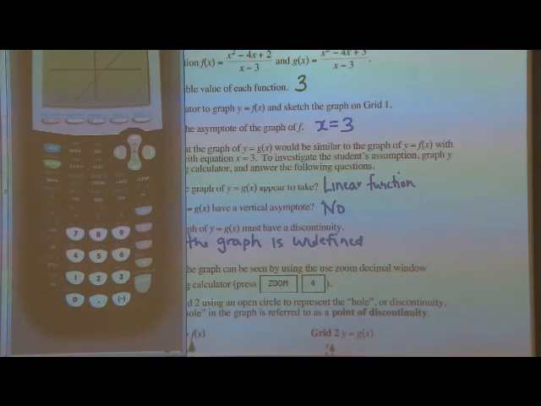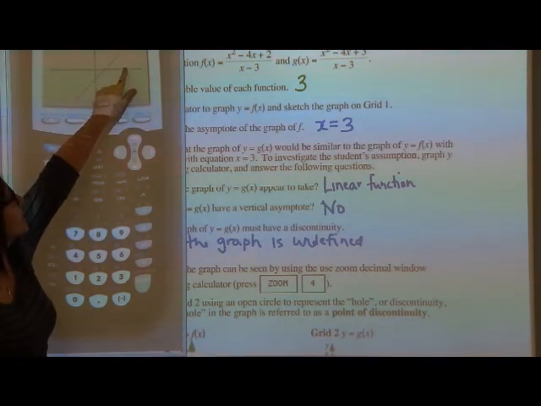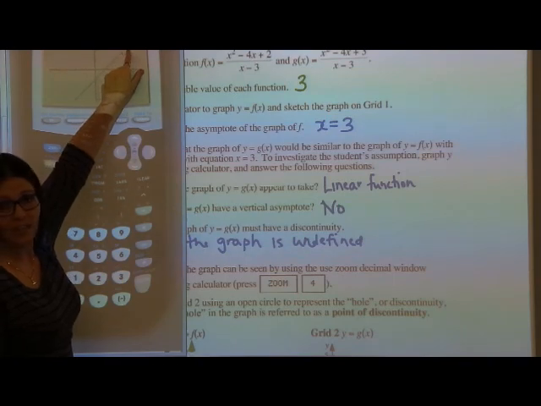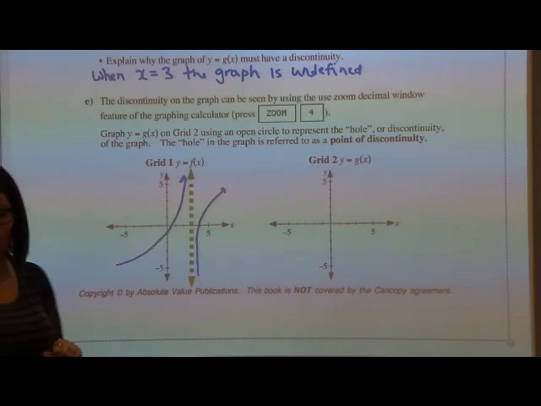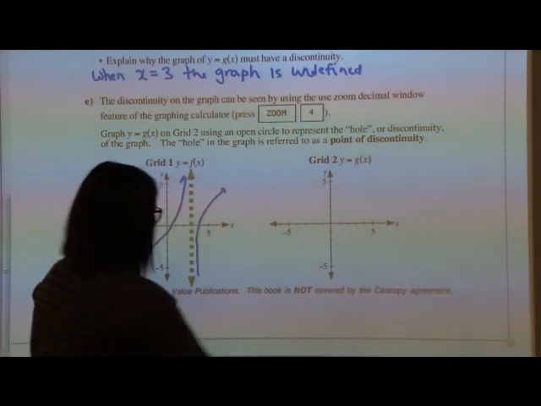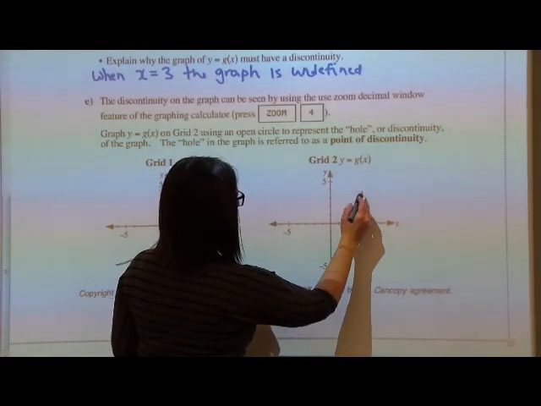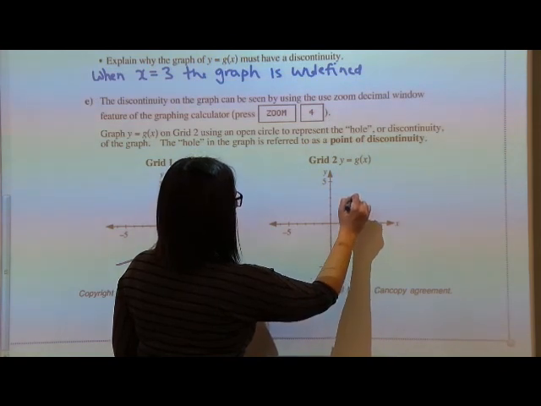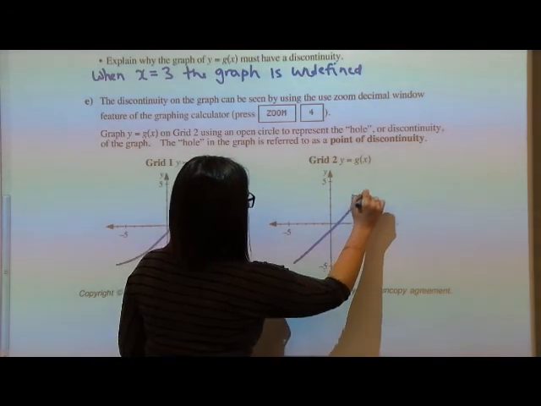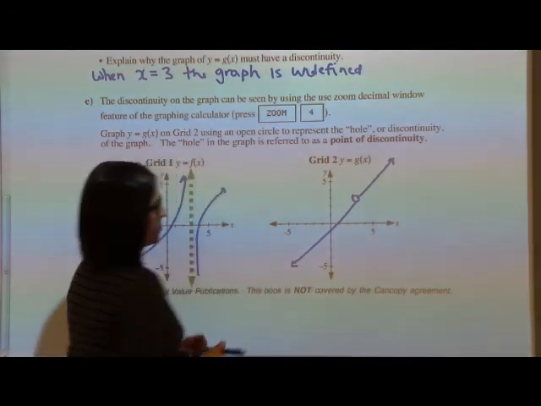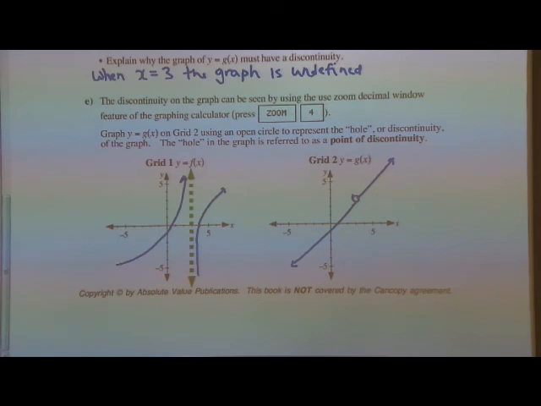There's a little spot, a little gap. And where does that gap happen? When x equals 3. So I get this straight line that goes through, and when x equals 3, I'm not sure what the value of y is at that point. There's this stop, or this hole in the graph. That hole in the graph is what we call our point of discontinuity.